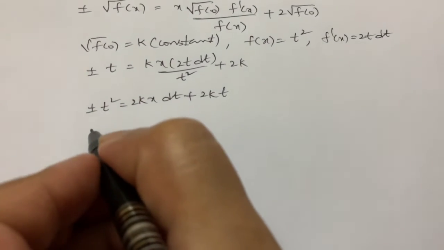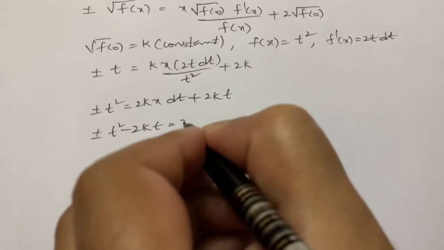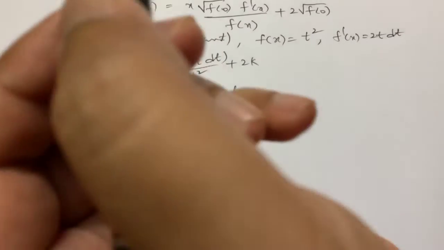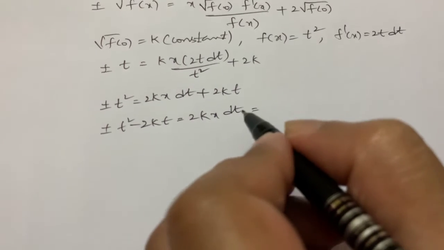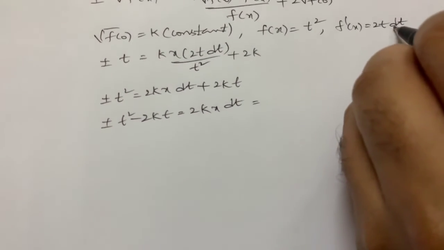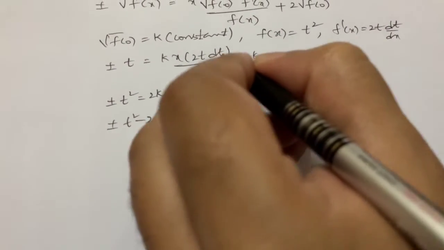So this is ± t² − 2kt = 2kx dt. And this dt is dt by dx, right? Because we are doing f'(x).